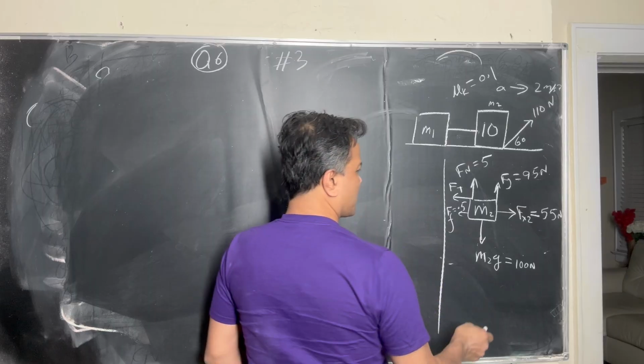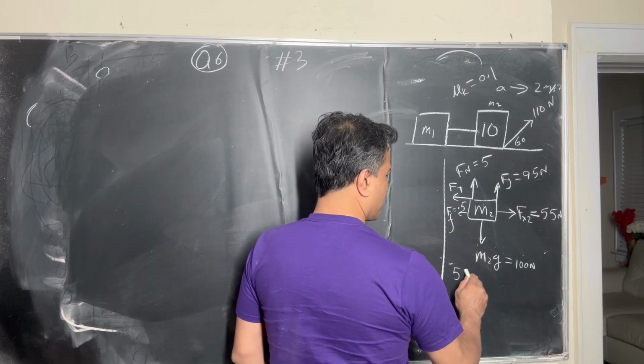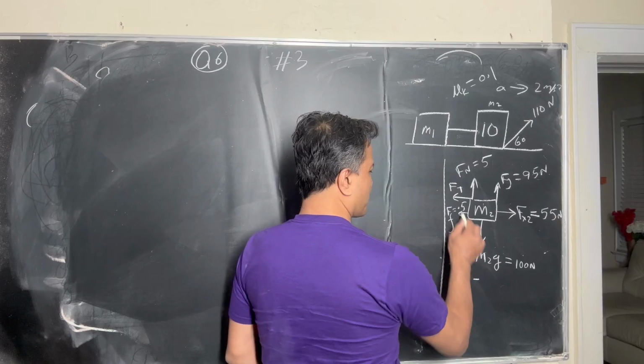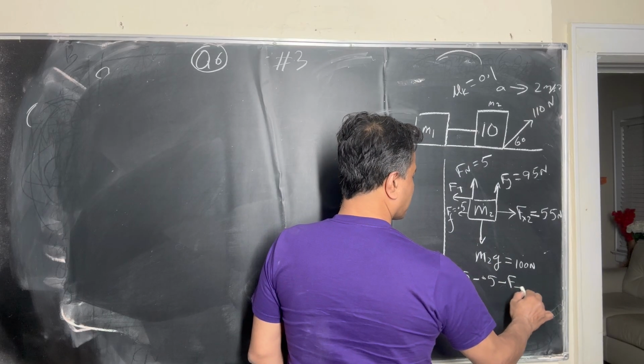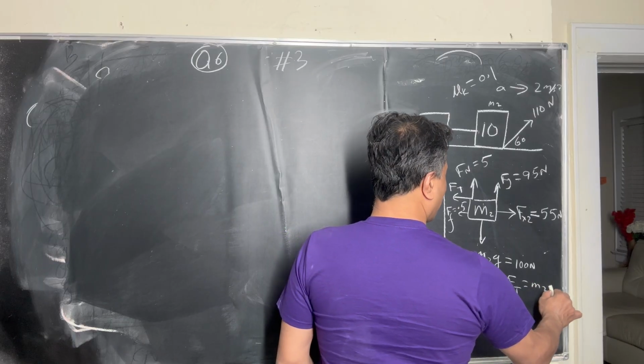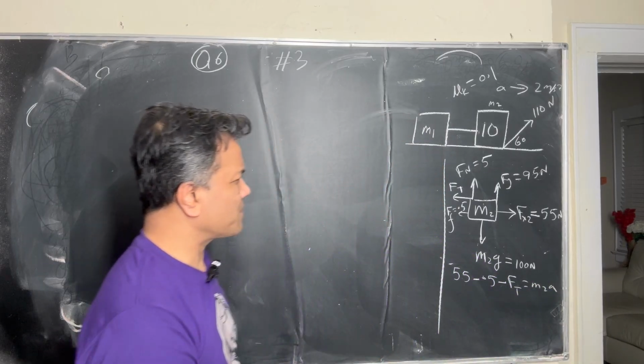So now we're going to write Fx2, 55, minus 0.5, minus Ft is equal to m2a. Okay, so that's good.